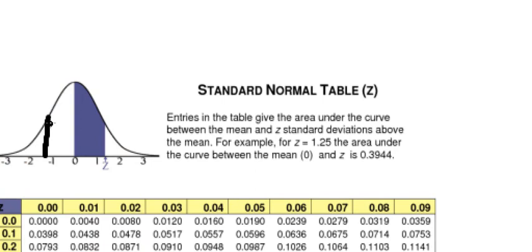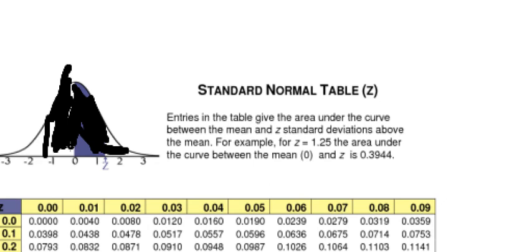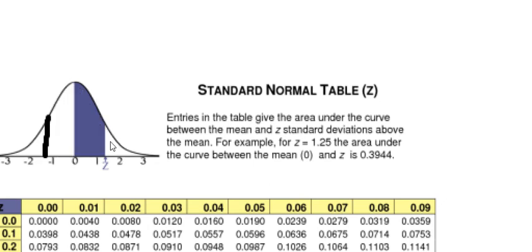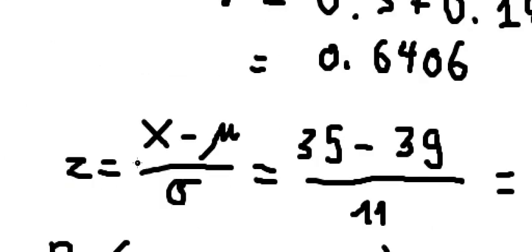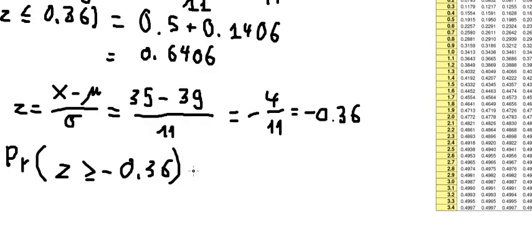That means they want to find the probability from here to here. So we know that the probability in here is 0.5. And now we need to sum this probability in here, and you get the final answer, and that's like this.